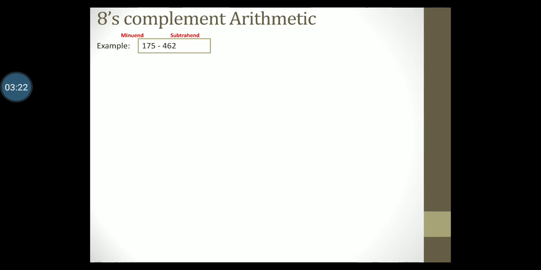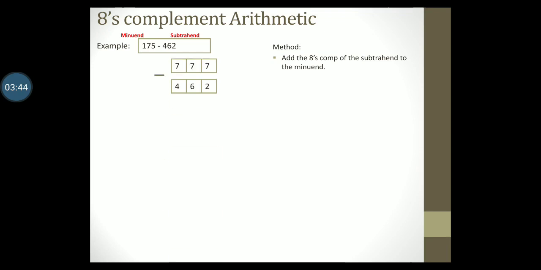Let's rearrange those numbers and write it as 175 minus 462. Let us also bring up the algorithm that we saw in the previous slide. The first step tells us to add the 8's complement of the subtrahend to the minuend. The subtrahend in this case is 462.